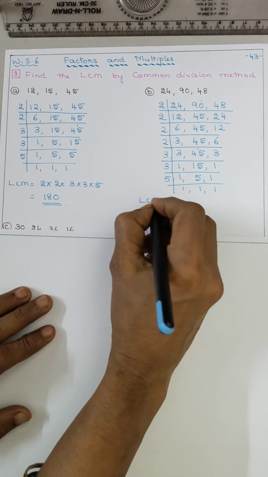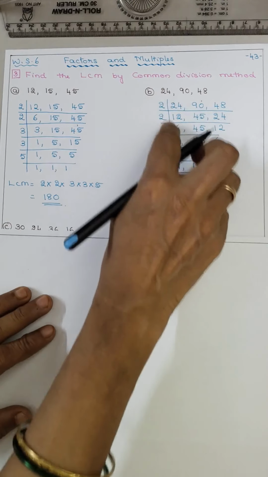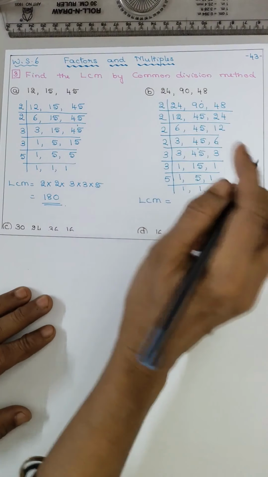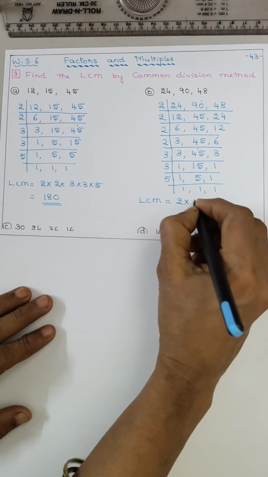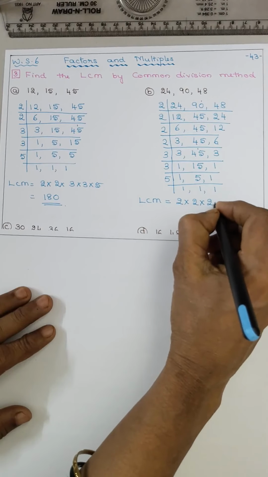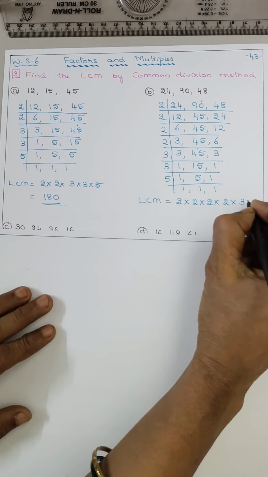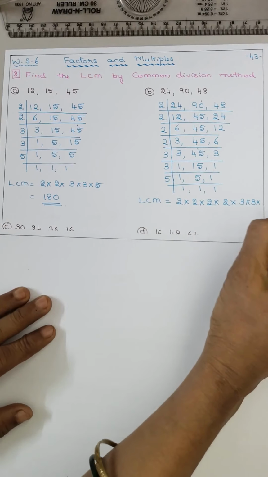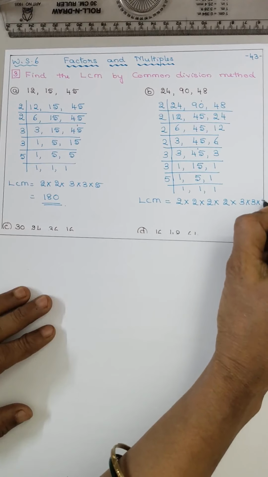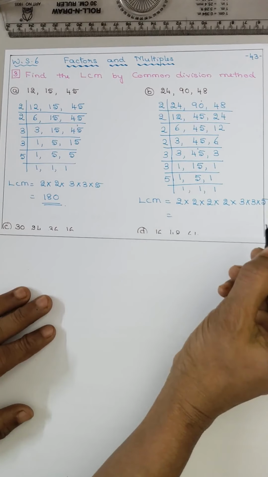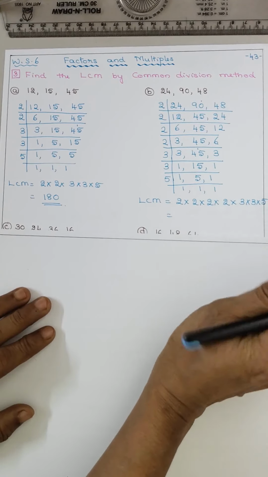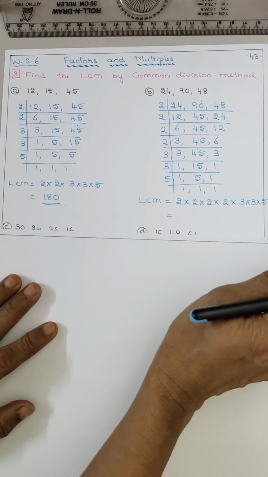Now LCM is equal to 2 2 2, 3 2 times, and 5 1 time. Okay, 2 5s are 10. Keep it aside.